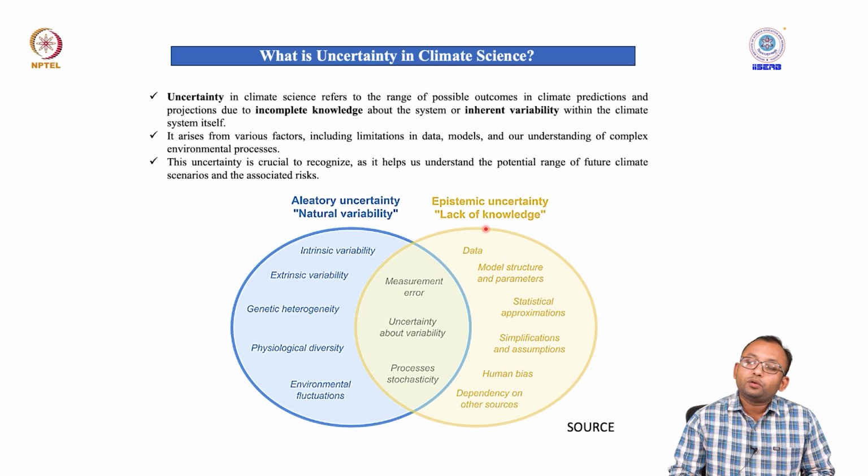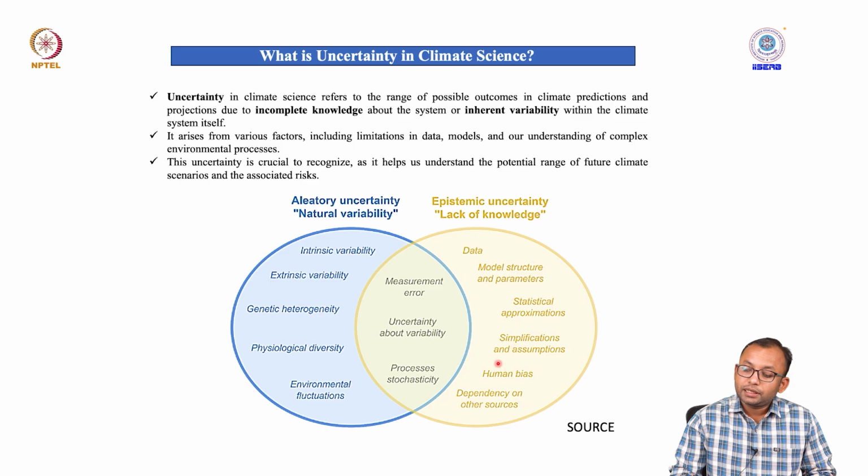Epistemic uncertainties are those where we have data limitations, model structure and parameterization issues. Suppose we are estimating the parameters of the model; it is possible that the model parameters are not exactly what the real scenarios are, and therefore it can create uncertainty in our predictions. Statistical approximation: sometimes we approximate data with different statistical methods or distributions, which might also create uncertainty in our system.